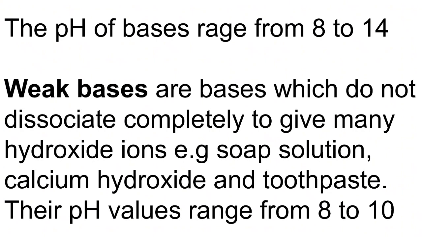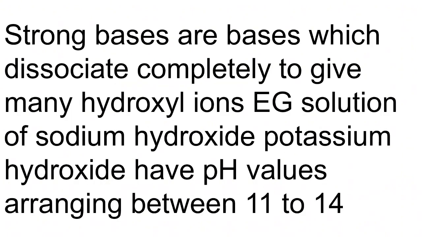Now, the pH value of bases range from 8 to 14. Weak bases are bases which do not dissociate completely to give many hydroxide ions. Examples of weak bases are soap solution, calcium hydroxide solution, and toothpaste. Their pH values range from 8 to 10. Strong bases are bases which dissociate completely to give many hydroxide ions.